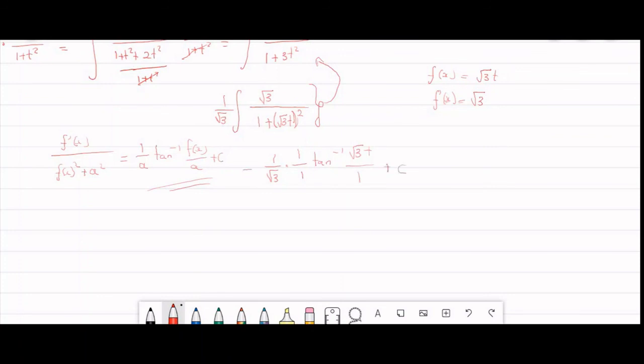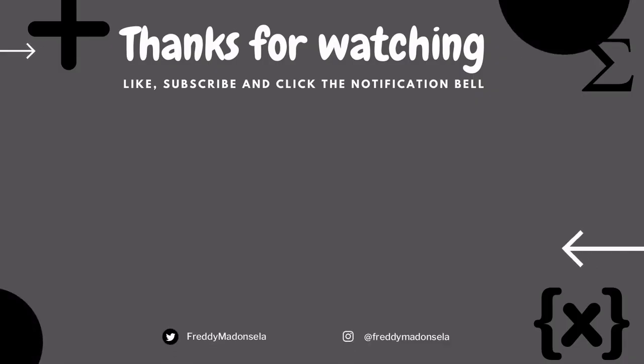So to write this in an acceptable way, we will say 1 over a square root of 3, tan inverse a square root of 3. So where we see t, we'll substitute tan x plus c. So this will be our final answer.